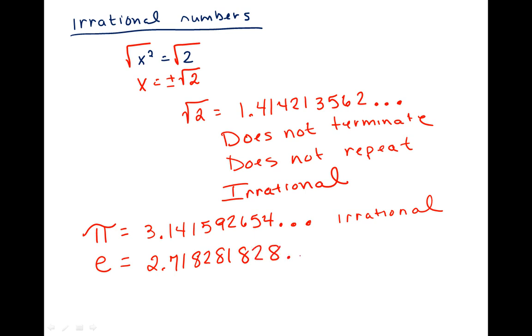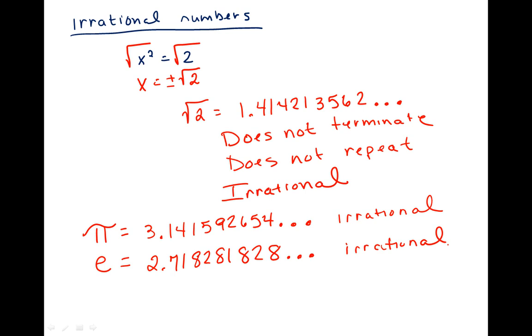We'll be using this when we start dealing with exponential and logarithmic functions. This is another example of an irrational number, okay? Pi and e are actually transcendental numbers, but you don't need to remember that. For now, you just need to understand the difference between a rational and irrational number, okay?